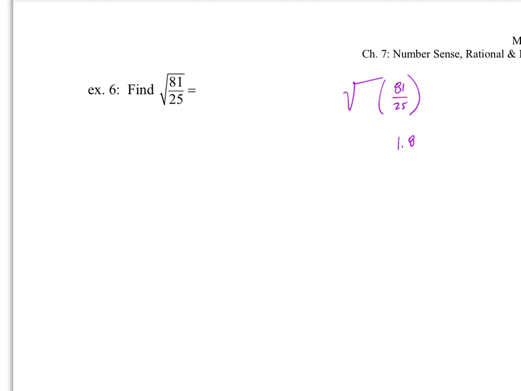So I'm going to show you that one. Notice it's a tall square root, it goes over both things. This means the square root of 81 divided by the square root of 25.